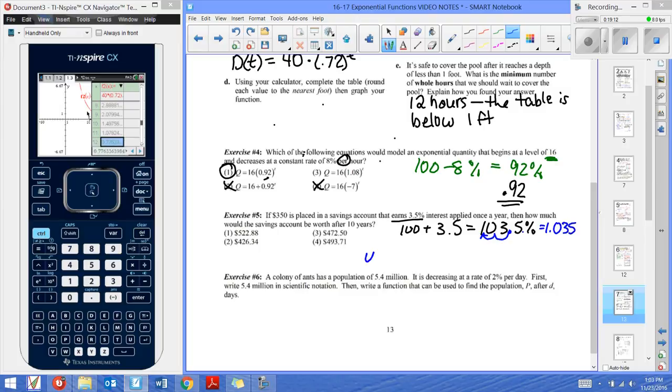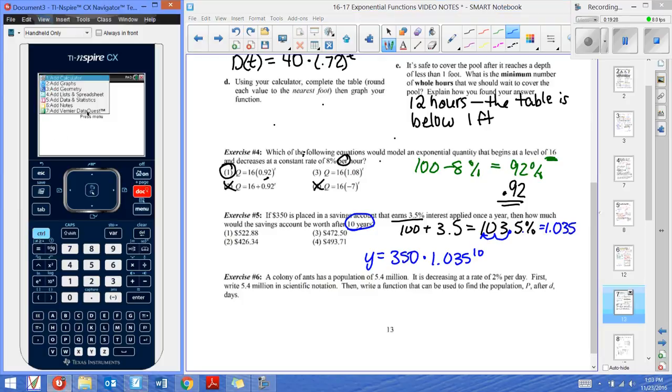So to get our output, our output will equal the initial amount of money, so 350 times the multiplier over and over and over again, but in this case, they told us after 10 years. So in our calculator, let's just use our function.